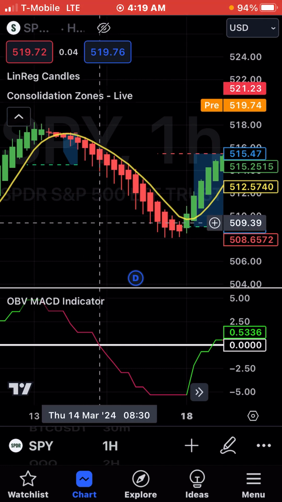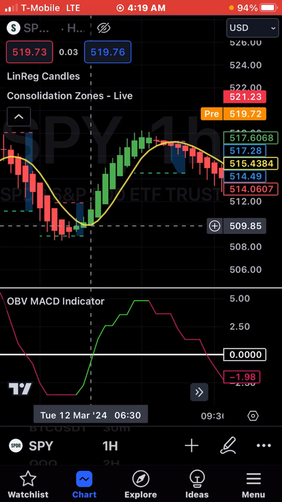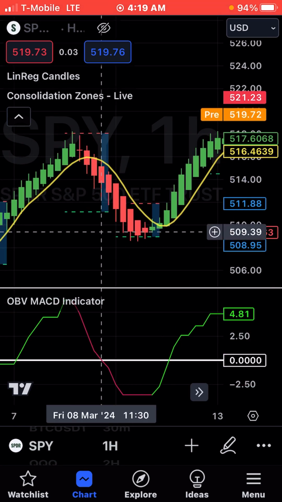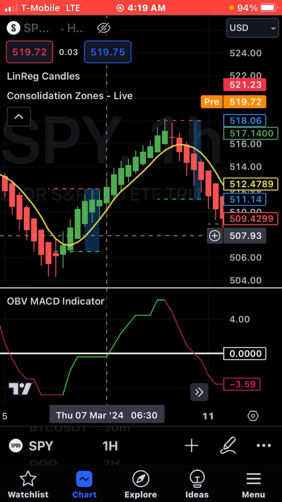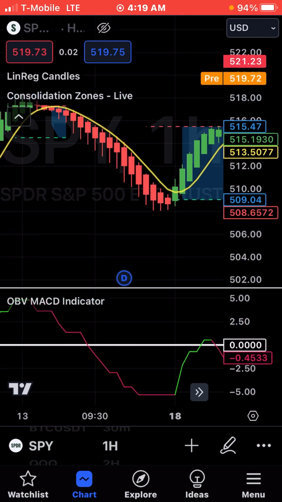You see that it's predicting the downtrend right here. You can see that it predicts pretty well of the uptrend right here. Downtrend right here. And you can see uptrend right here. So if you go by the MACD, it actually gets some pretty good points.